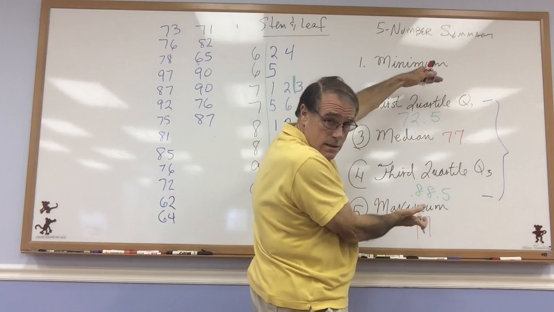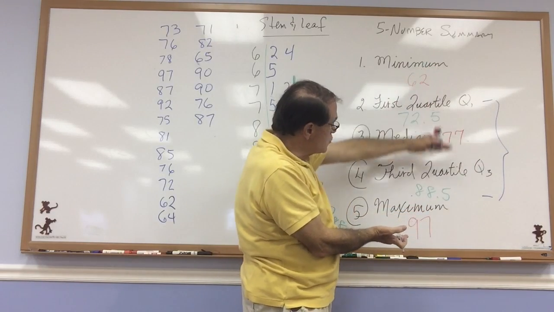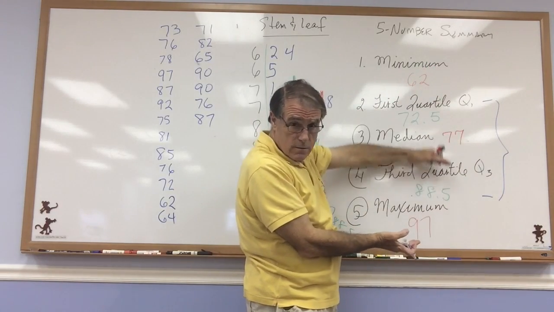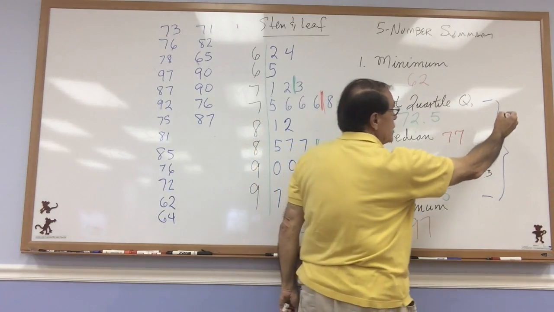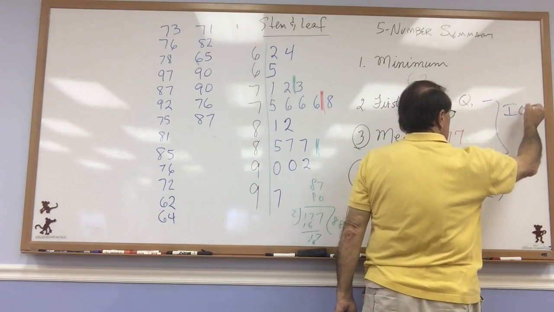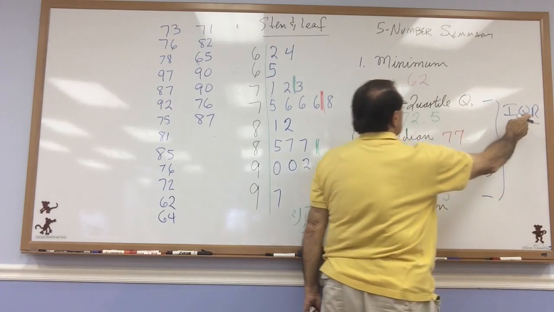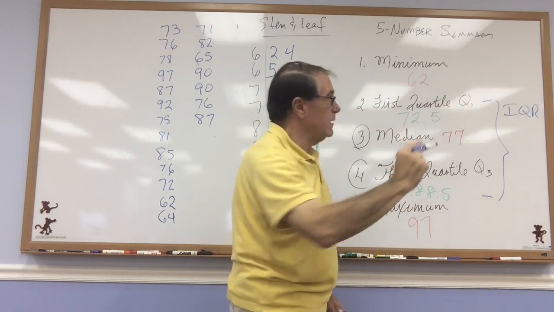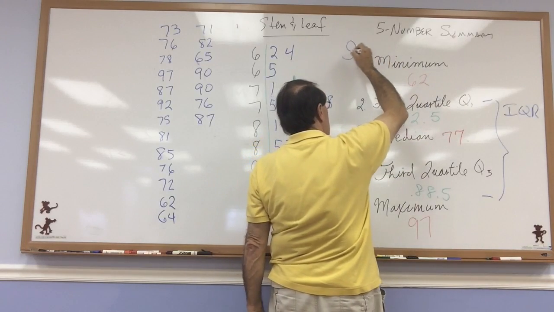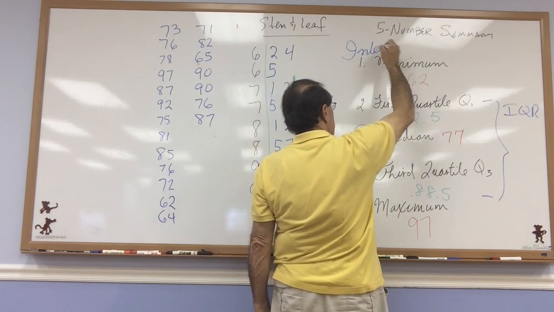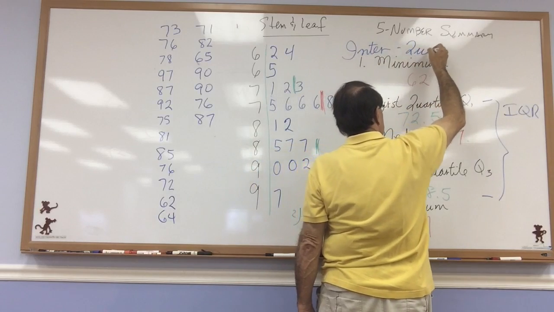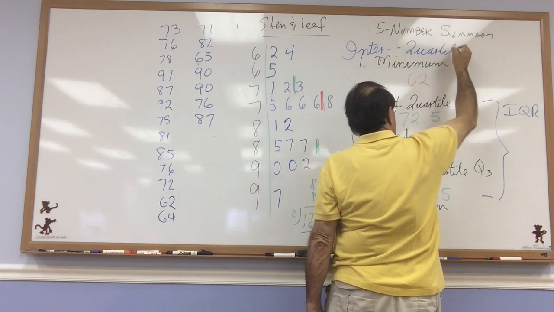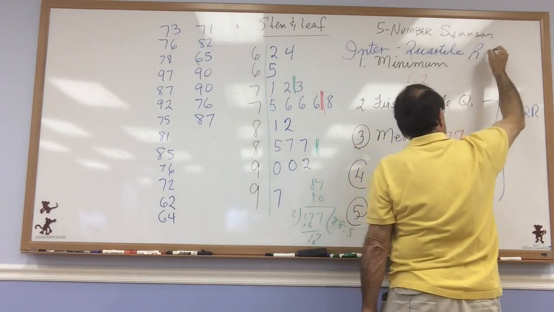To find the IQR, all I have to do is subtract the first quartile from the third quartile. So the distance between these quartiles is called the IQR. And again, IQR stands for interquartile range. Let me write that for you. Interquartile range.